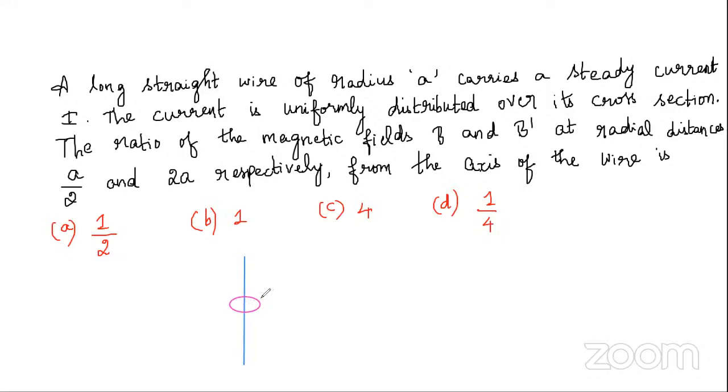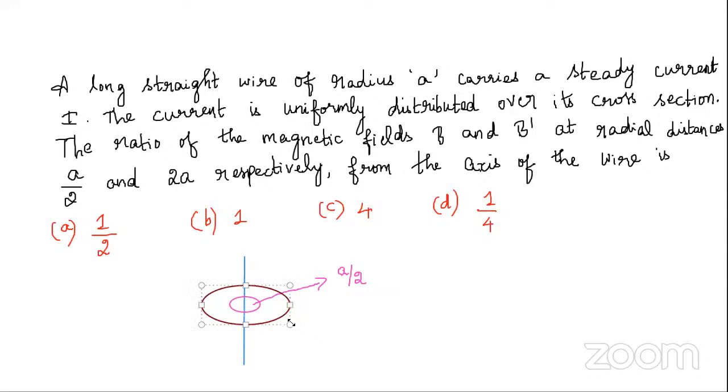Another Amperian loop we shall consider will have a bigger radius, that is 2A. In three dimensions it also looks like an ellipse shape.